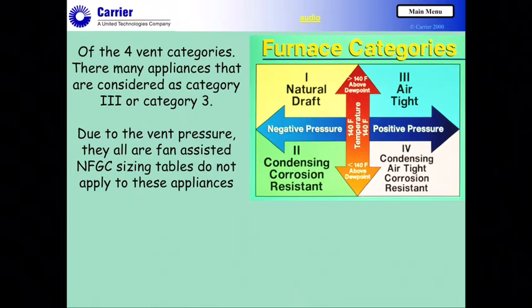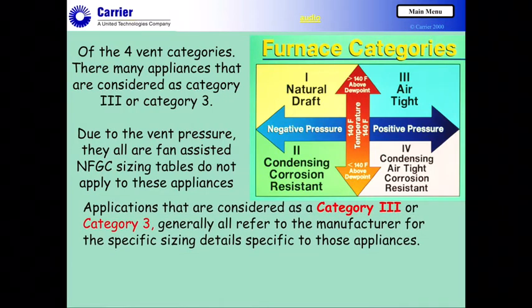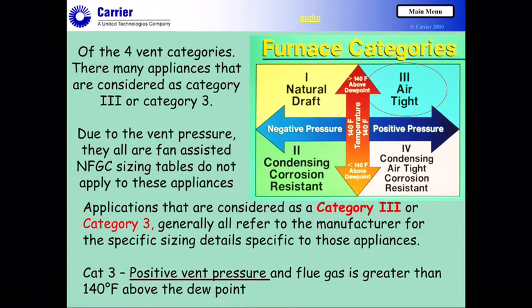So of those 4 categories, there's such a thing called a category 3. And a category 3 appliance essentially is going to be a system that has to be an airtight type of vent system. It's going to have a fairly high temp. Now, there's actually quite a few appliances that are considered category 3.